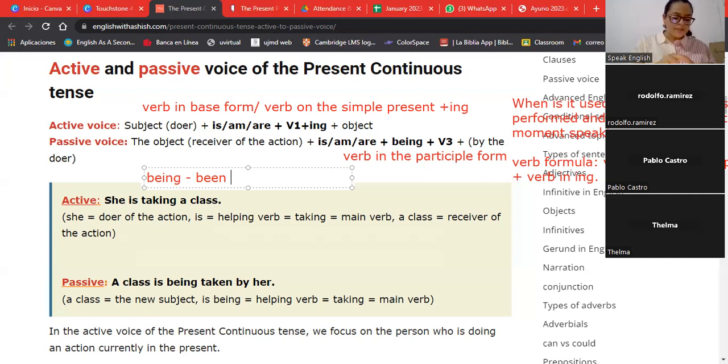Go to part B of the exam and look at your answer, okay? Let's see this. Number one, the active voice that we have on top. The thing is that I don't want to change.